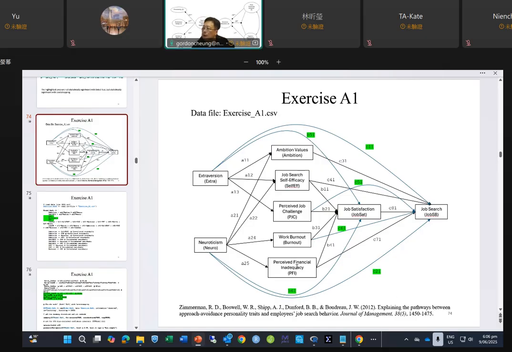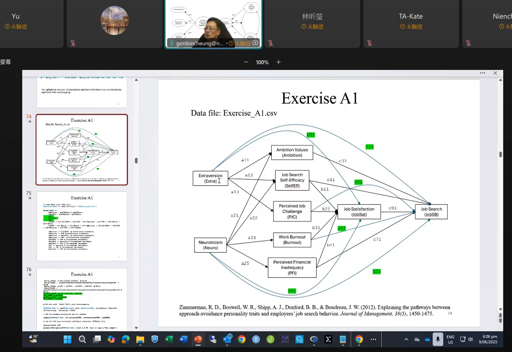You can see we have 5 parallel mediators here. I will call this the stage 1 mediator. Job satisfaction is your second stage mediator going to the job search behavior. So here we have 2 mediators.